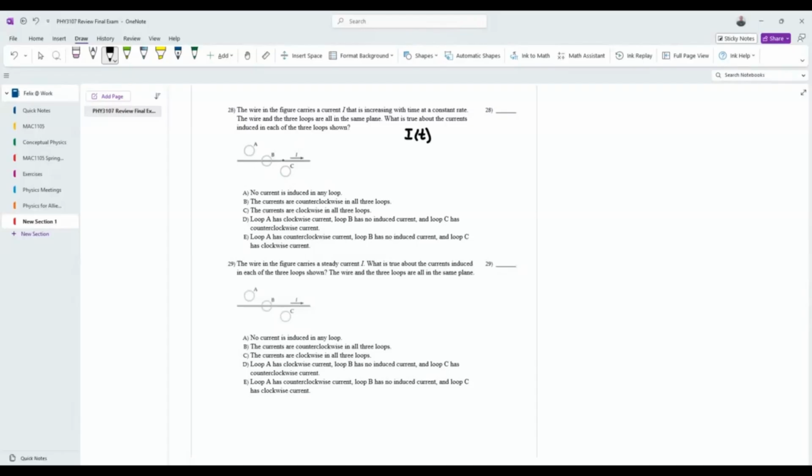We have to analyze what happens here. When you analyze, you see that for the direction of the current to the right, the magnetic field above the wire points outward, and below the wire points inward.